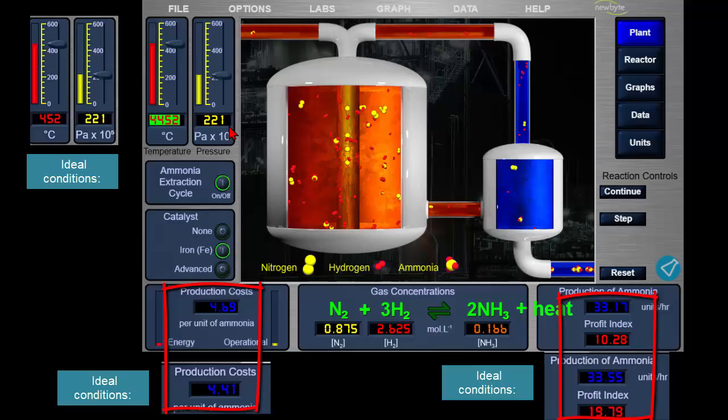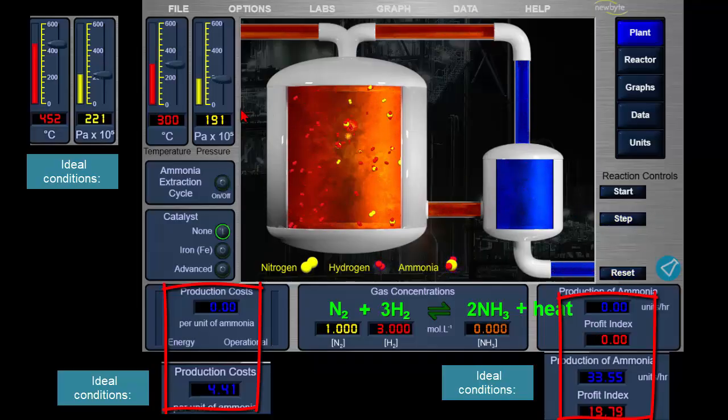There might be some other combination I've never thought of, but it seems like 452 and 221 are the best results you can get. And you're not allowed to use the advanced catalyst because they've got a lot of other advantages and disadvantages, so they're not widely used. And it's not working either.